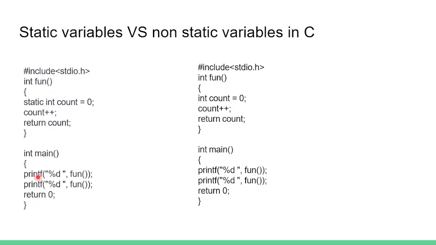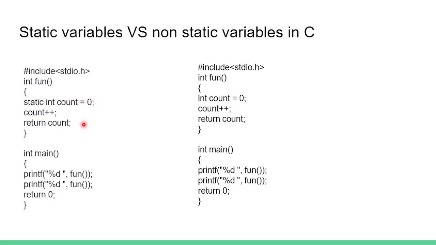That is, if we are running printf("%d", fun()), the value of count is initially 0, and it will be incremented by 1, so it will become 1. This statement will be run only once. After that, it will not be run again, and the value of count will be incremented by 1.